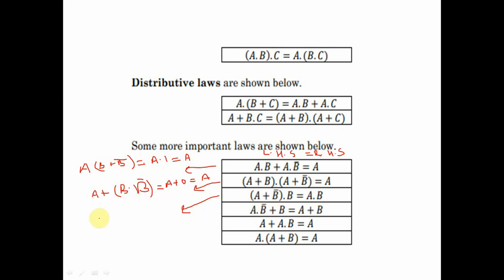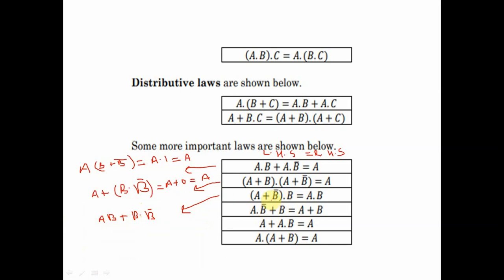In the third term, I take this B multiplied with A, so AB, plus this B multiplied with B bar.